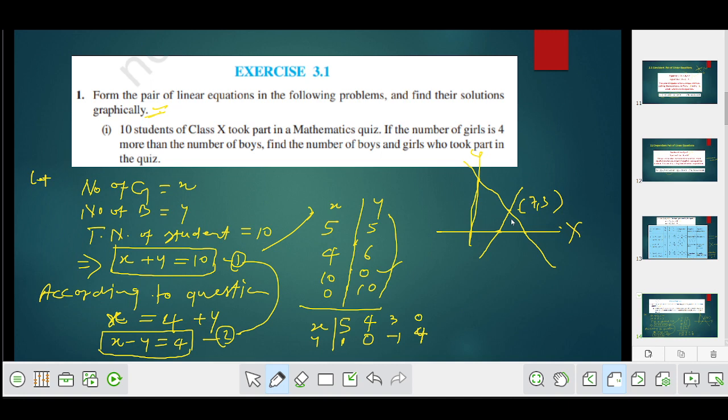But the algebraic method will provide these solutions. Clear? Here is the point 10, 0. Here is the point 4, 0.